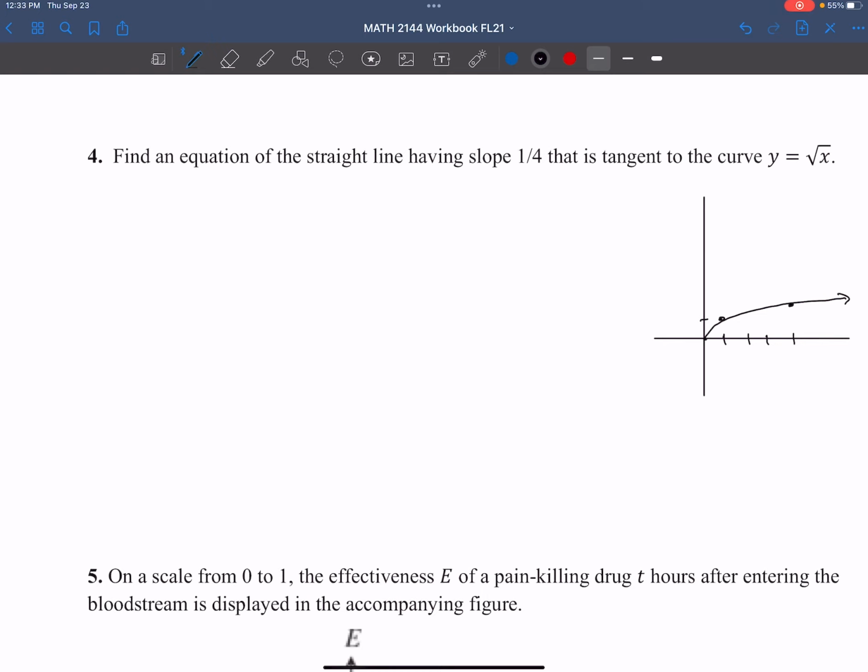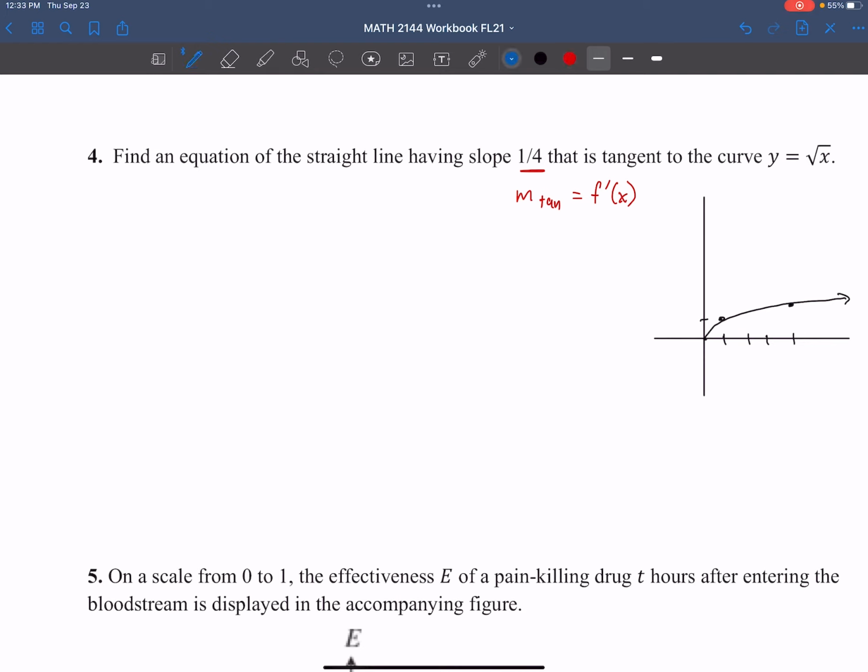And we're asked to find the equation of a straight line having slope of 1/4 that is tangent to the curve. So what are we given here? Are we given an x value, or are we given the slope of the tangent line? We're given the slope of the tangent line, which in this case is going to be f prime of x, another notation that we use, the derivative of the function, is equal to 1/4.